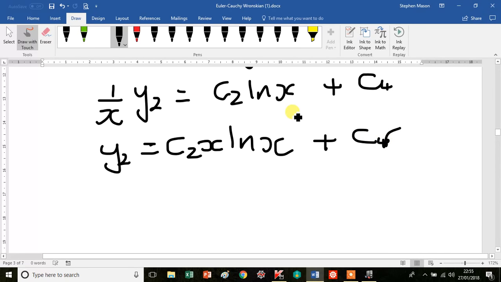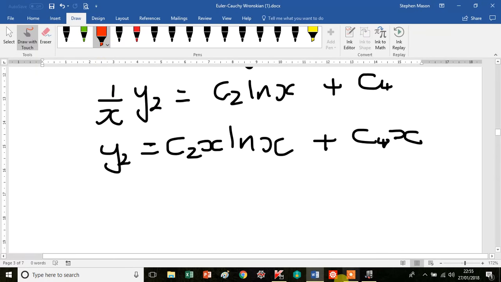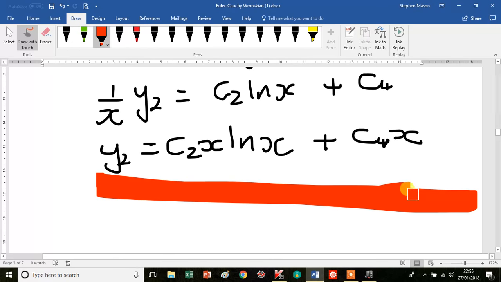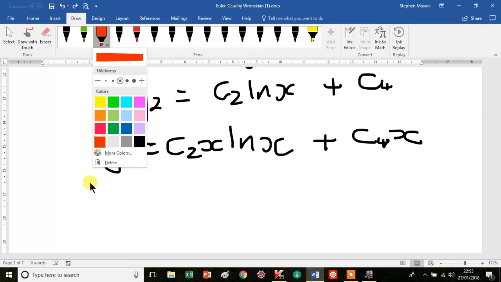Oops, I'm making my usual mistakes. Do watch out for my mistakes. So we have a second linearly independent solution. Right, so this is our second linearly independent solution.